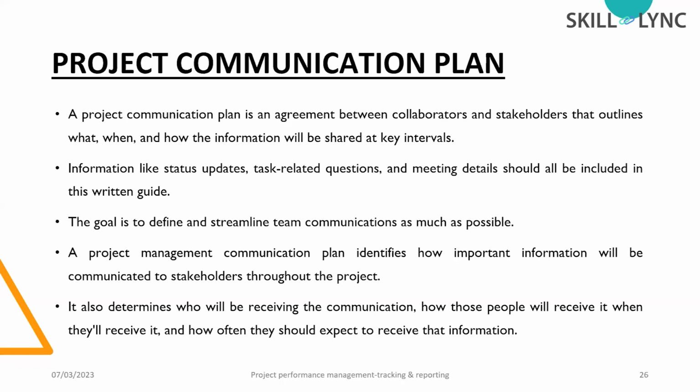For example, if you are working as a civil engineer or site engineer, to get the drawing, to whom do you have to connect? To get the materials or resources, which party do you have to contact? That is known as a proper communication channel. So we have to establish a proper communication plan at the very beginning stage itself.